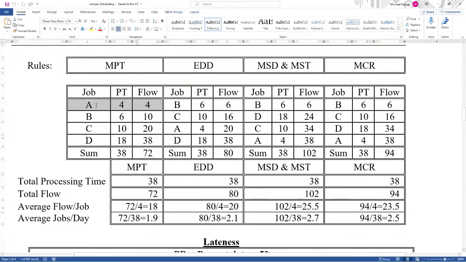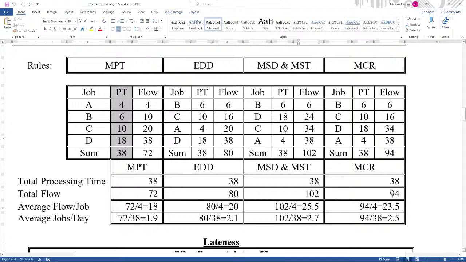So we have the flow of a job in a schedule, and we have the flow of the schedule. I can do the same thing for the earliest due date, the minimum start date, the minimum slack time, because they're the same schedules, and the minimum critical ratio.